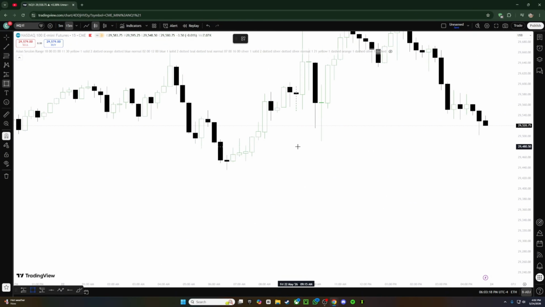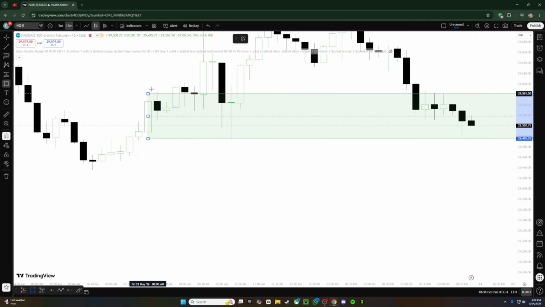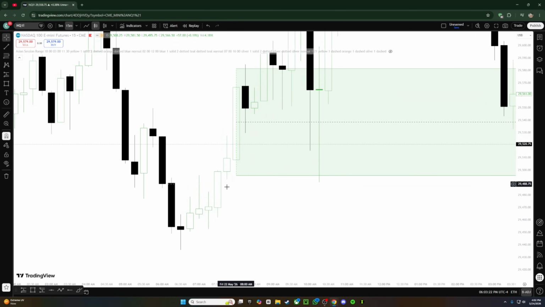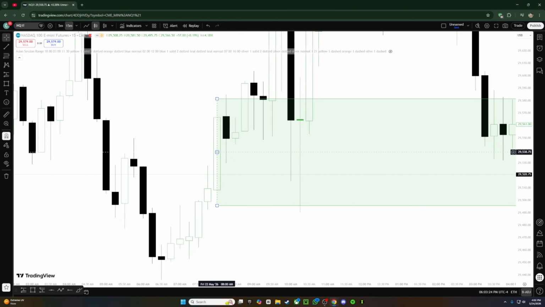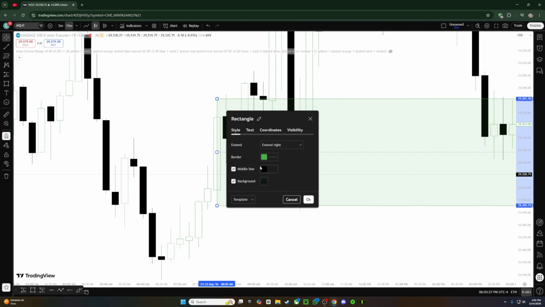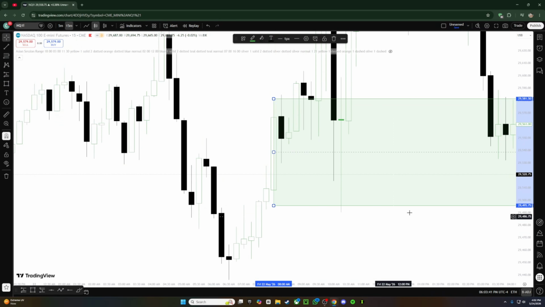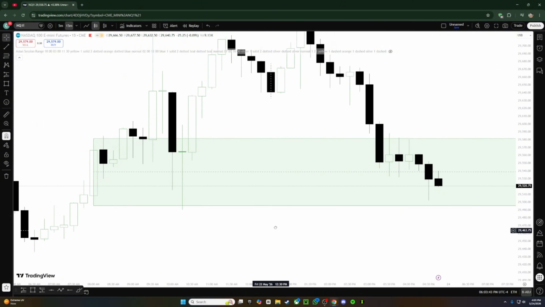You mark out the very bottom to the very top like this, the complete bottom to the complete top. Now your box is gonna look different. What I recommend is you double click it, click extend to the right, and then change the colors, whatever, and then add the middle line, and that's about it. So you know where the middle's at.